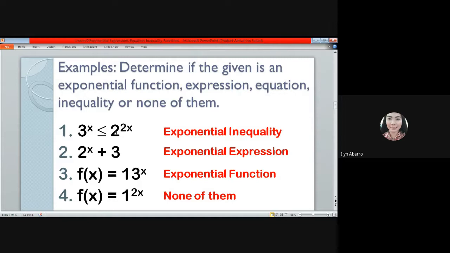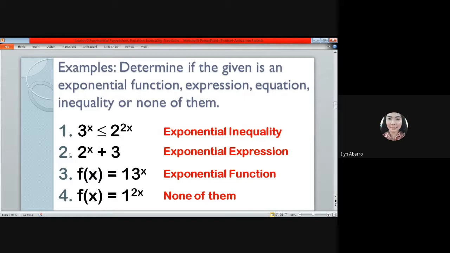And the right side is also an exponential expression. The base is 2 and we also have a variable x in the exponent. So, this is an exponential inequality. Both sides can be exponential expressions, or even just one side, and it is already an exponential inequality if it shows inequality symbols, of course.